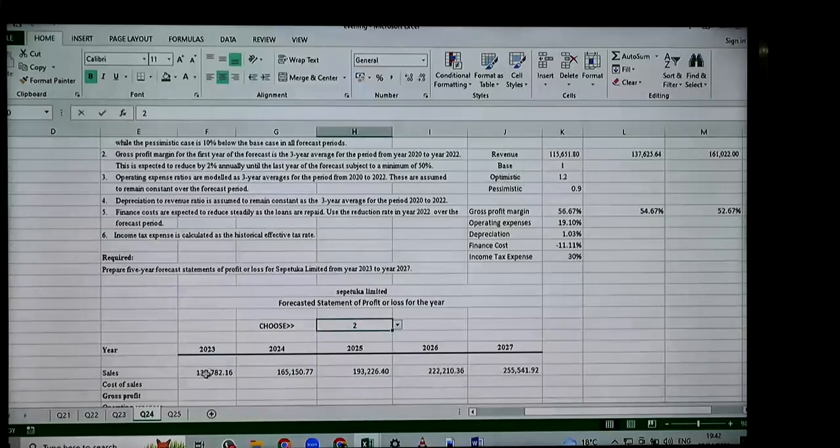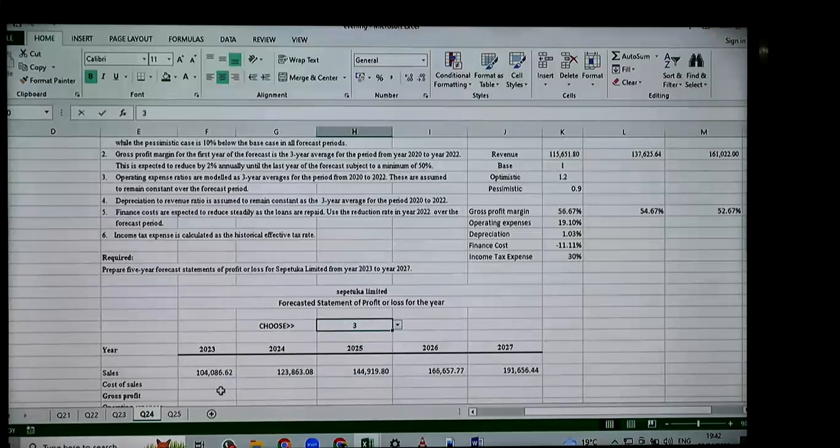These cells will be above this one by 20%. When you go to scenario 3, which is the pessimistic case, it's below, because it's 90%, below the 115. And then everything else is just the way it is.